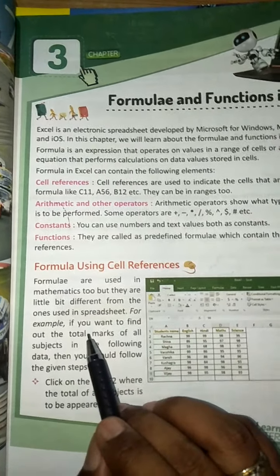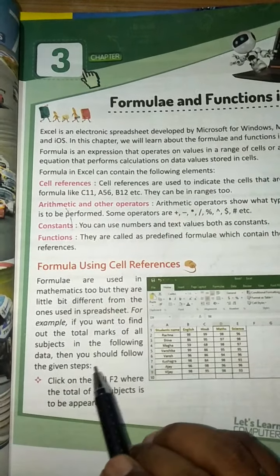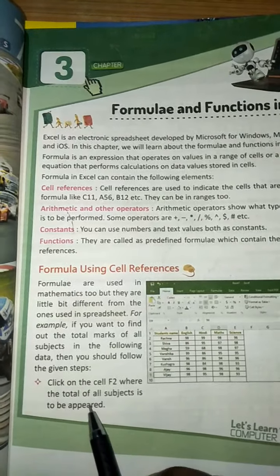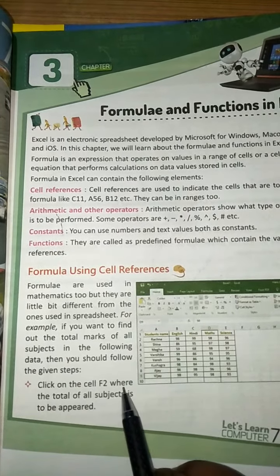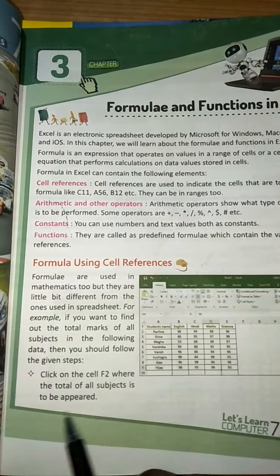For example, if you want to find out the total marks of all subjects in the following data, then you should follow the given steps. Click on the cell F2 where the total of all subjects is to appear. Type B2 plus C2 plus D2 plus E2 in the cell. Press enter key. The cell F2 will display the sum of obtained marks.